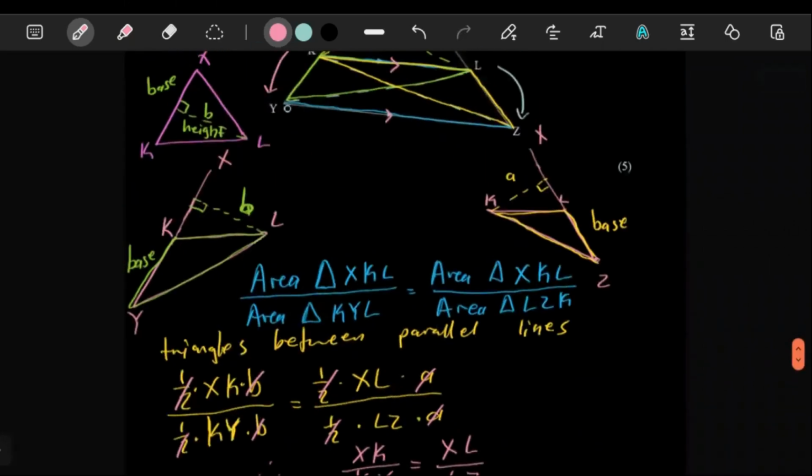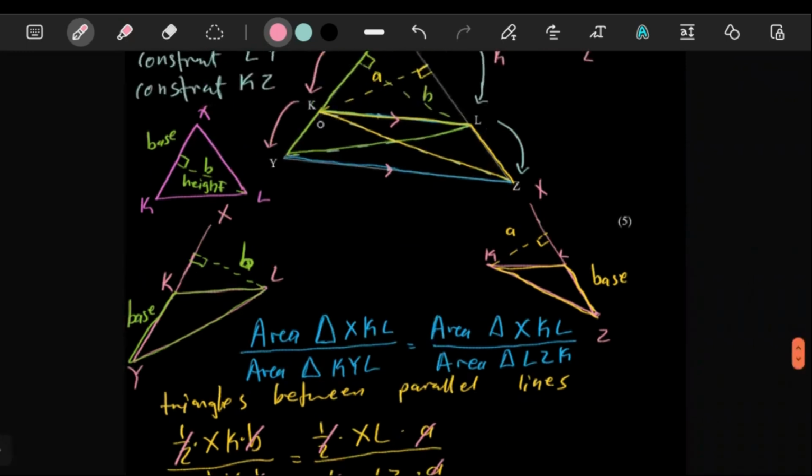There's a reason for writing out the above statement, so you can then state what those parallel lines are: KL parallel to YZ. As long as you have all this going on for you, you're good to go. Let us just carry on with the question paper.